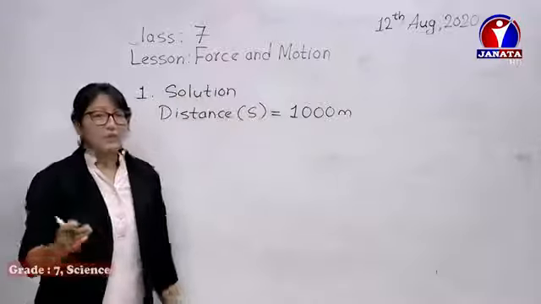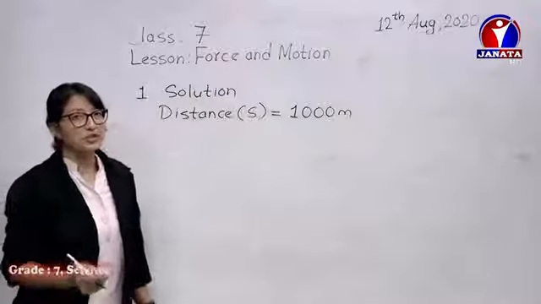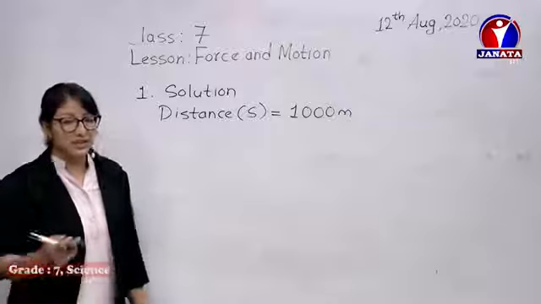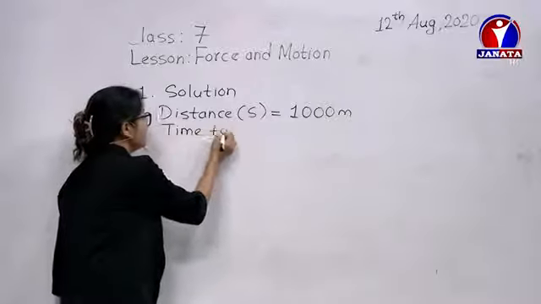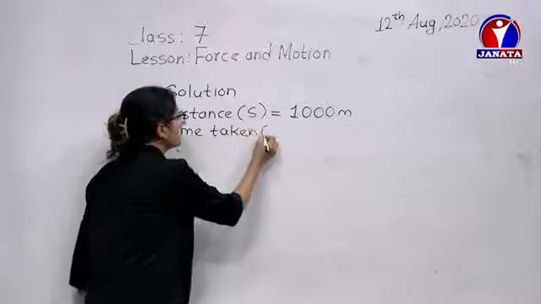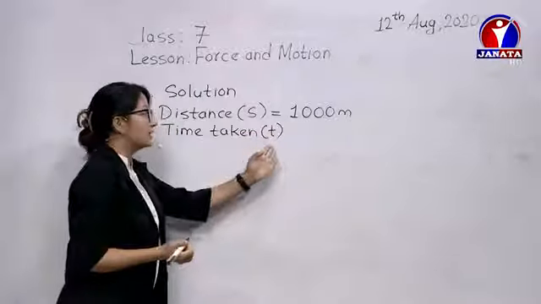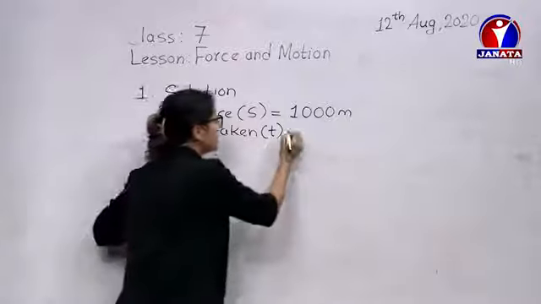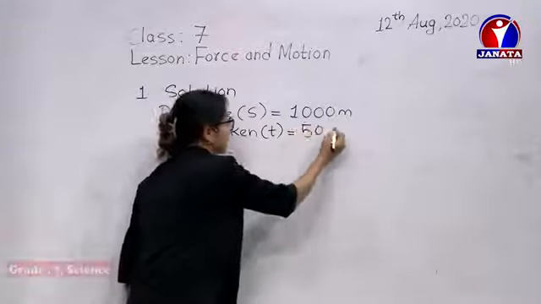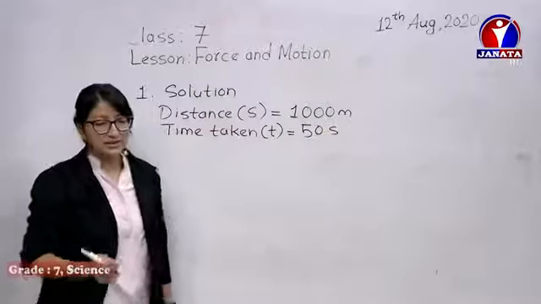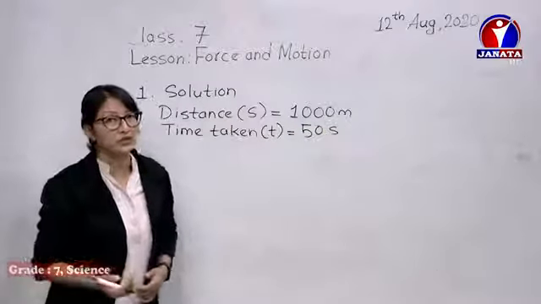It covers this distance in 50 seconds. The time taken is denoted by the letter t, and t is 50 seconds. So calculate the speed of the bus.